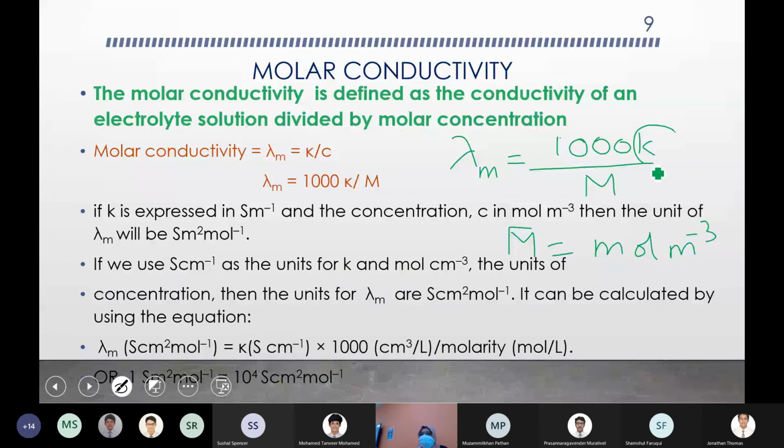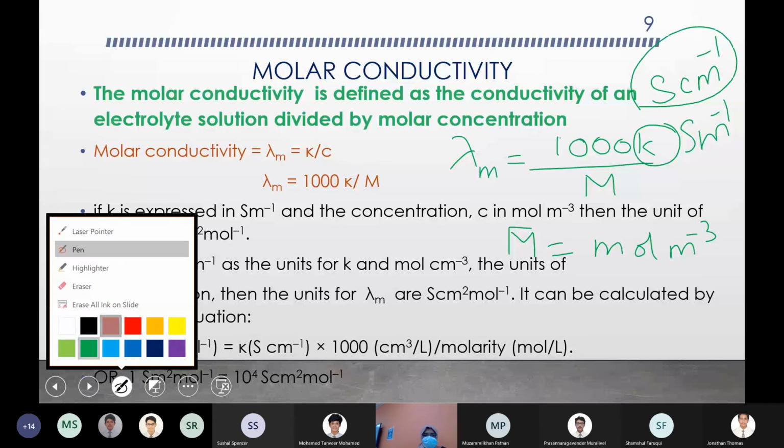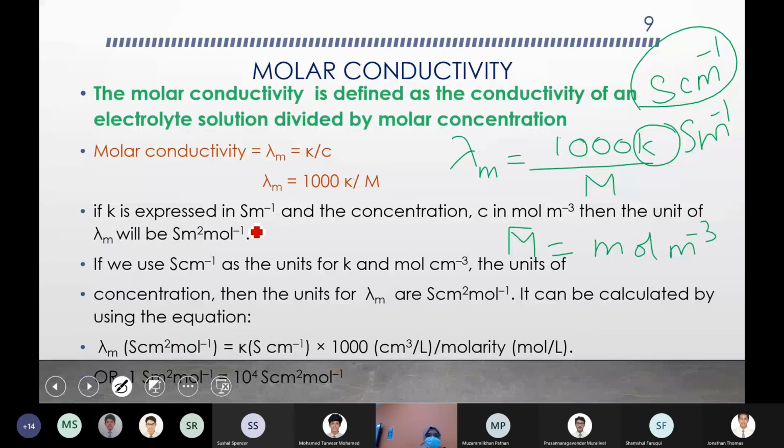And K can be Siemen centimeter inverse or Siemen meter inverse. Any of the units you can use. If conductivity is expressed in Siemen centimeter inverse, then the unit of molar conductivity is Siemen centimeter square mole inverse. If it is meter, then it will be Siemen meter square mole inverse.